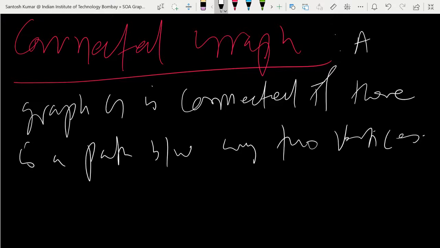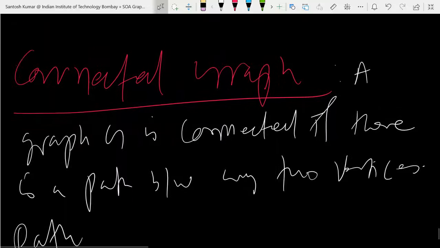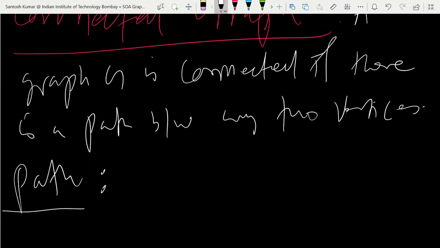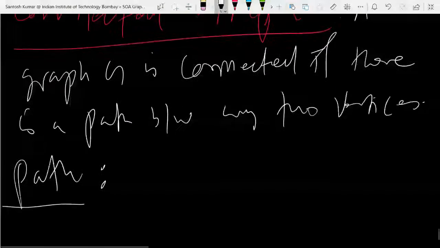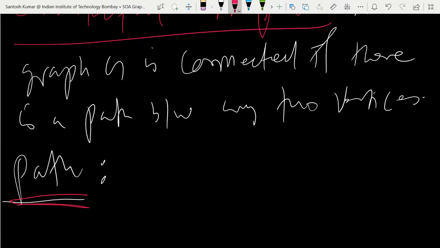Okay. So what is a path? How do you define path? Path is a new word, at least for me, since we have not used this word earlier in my lecture. So what is a path? Sir, a walk where no vertex and no edge repeats.